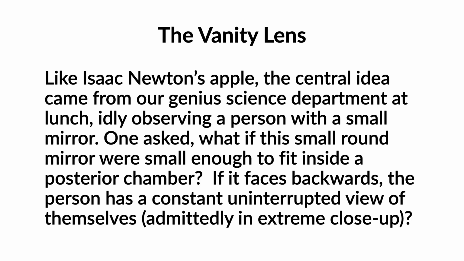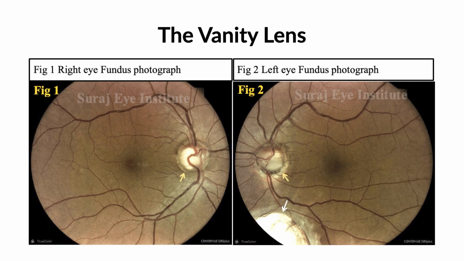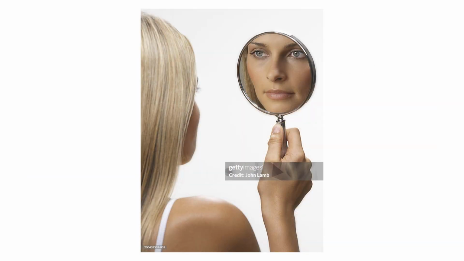And so, the vision's not that great. The science is a backward-placing mirror in the posterior chamber. So the patient's view of themselves is not only life-size, but is magnified. And now, through our advanced technology, that's what a retina looks like. That's your optic nerve. In fact, that guy's probably got a little glaucoma, because that's a very big disc in that nerve. And once again, vanity.